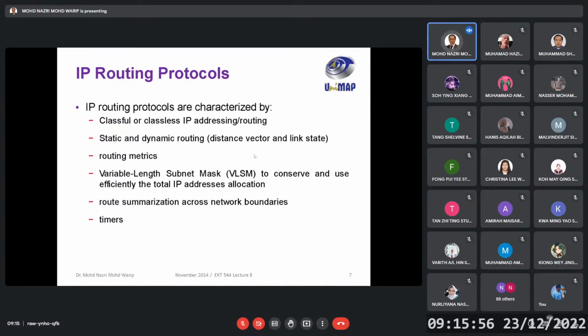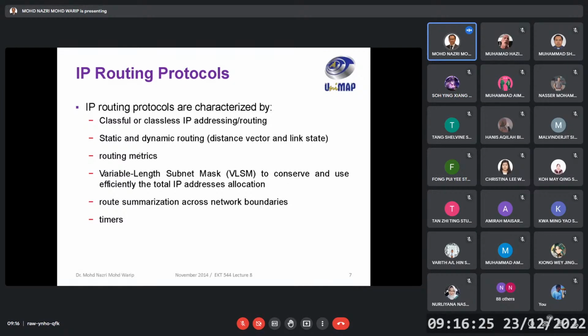IP routing protocols are characterized by classful or classless IP addressing for routing. Classful and classless, you already know; we learned them in the previous lecture. Then static and dynamic routing. In the dynamic case, either distance vector or link state, like I said, EIGRP, OSPF, IS-IS. They are also characterized by routing metric.